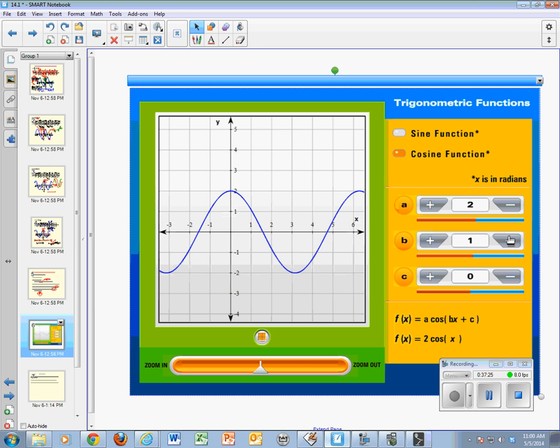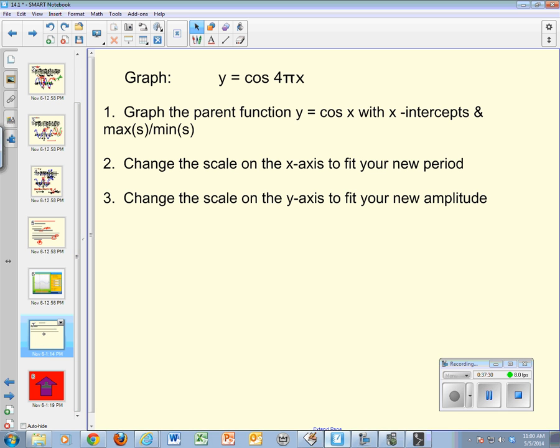Okay. So let's graph one that has all of these different parts in it, and let's make it real nice and easy here. Cosine of 4 pi times x. Okay, so first thing we want to do is graph the parent function. We just want to know what it looks like.